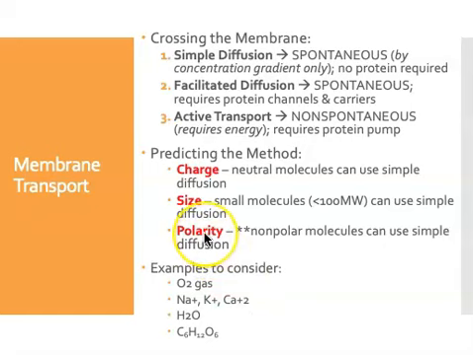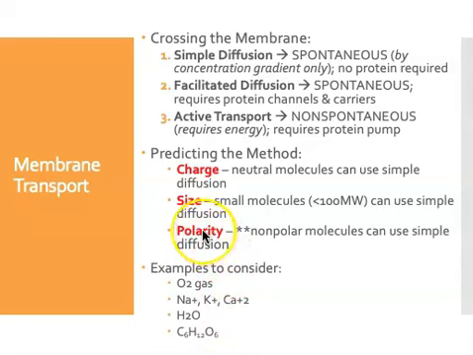Now, when we think about the polarity of glucose, if we look at the atoms that make it up, oxygen, carbon, and hydrogen, we can predict that this is polar because we know some of these bonds are going to be between oxygen, which has a high electronegativity, and either carbon or hydrogen, which have low electronegativity. So at least some of the bonds in glucose are going to be polar covalent bonds.